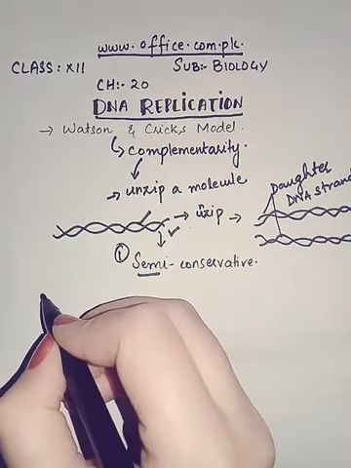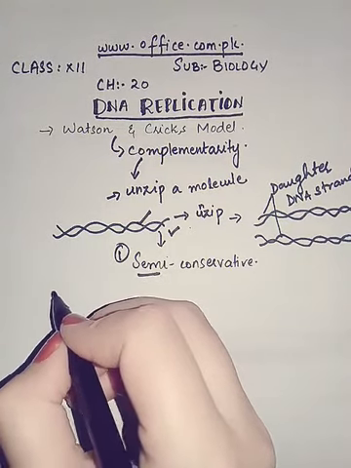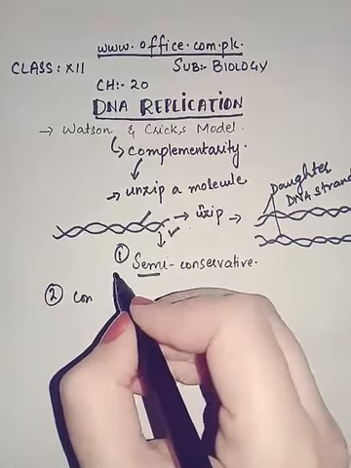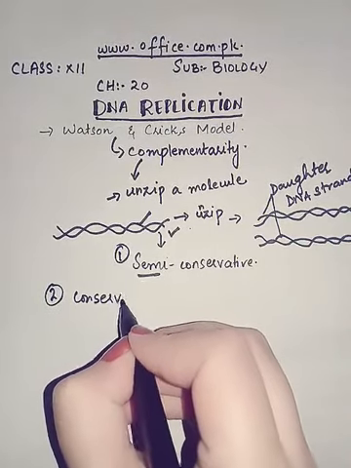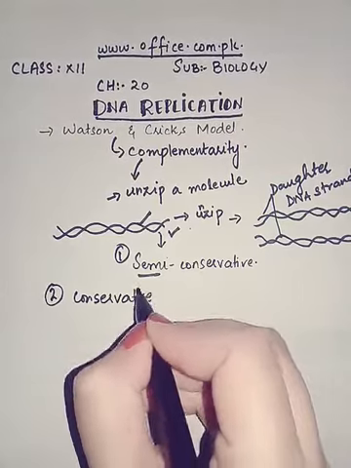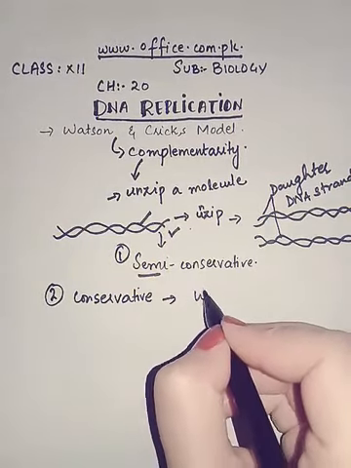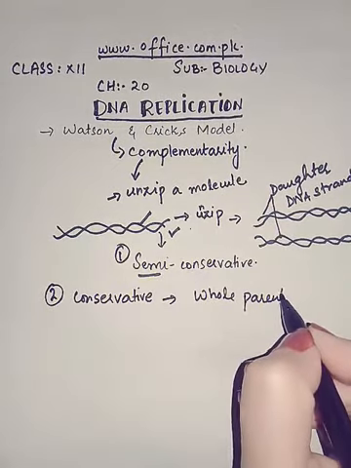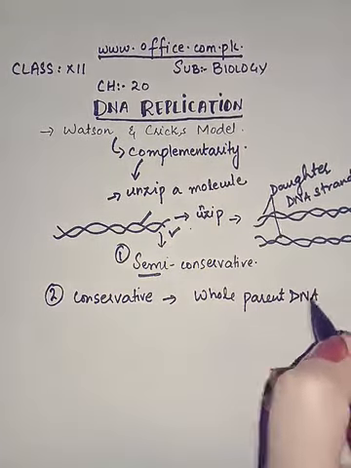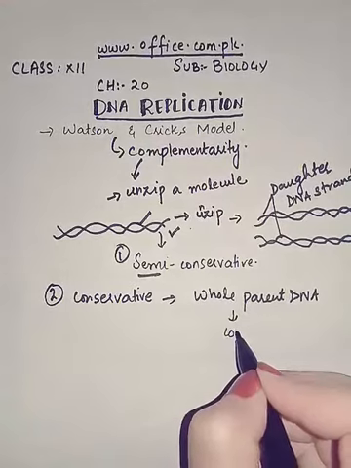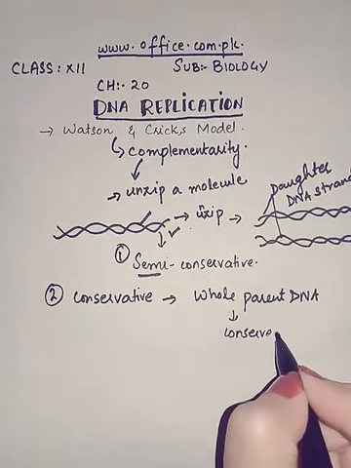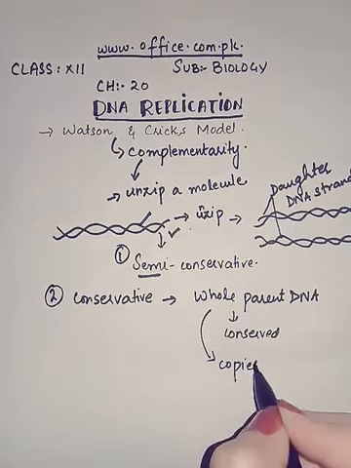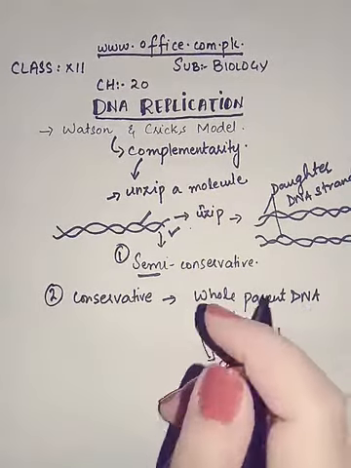First is semi-conservative, the second is the conservative model. It says that the whole parent DNA molecule will be conserved, and the copies are made according to this one.